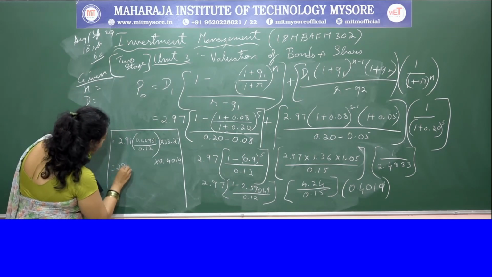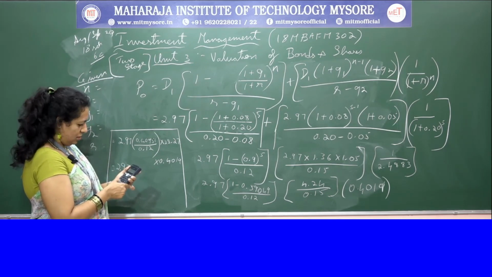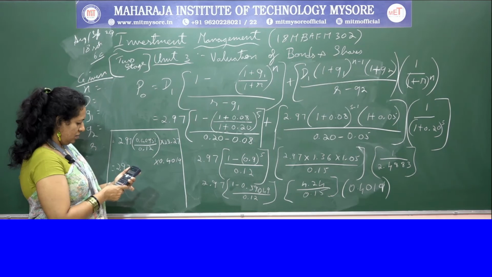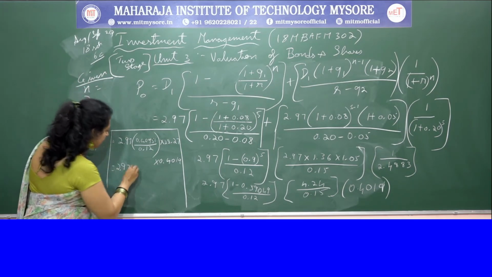So 2.97, I'll just divide this. You get 3.4125.